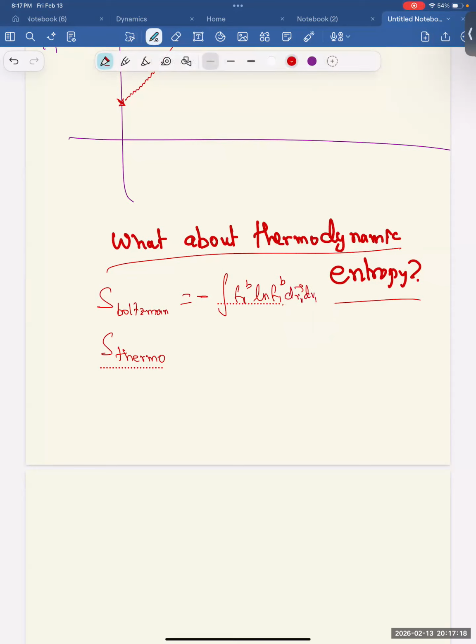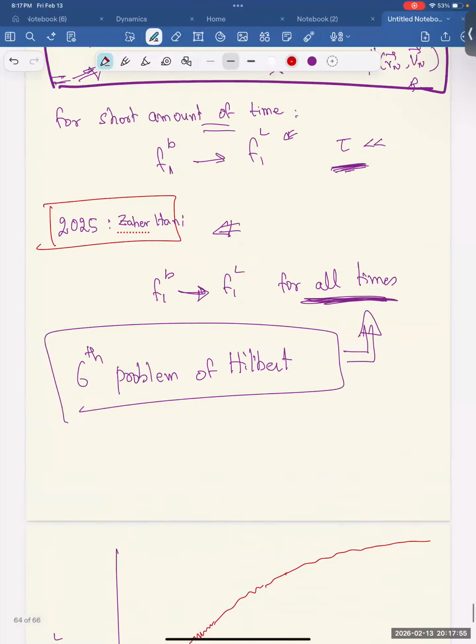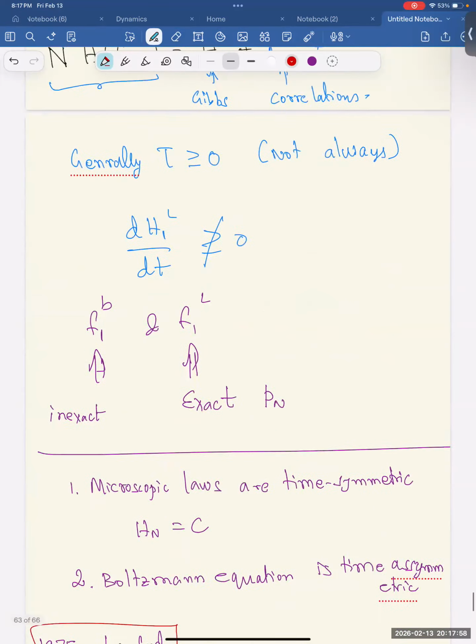This was S Boltzmann, and the one particle Liouville entropy was also very similar: you just replace the B here by L, and there you have it. Let me write that. What did we give the name? H1L.